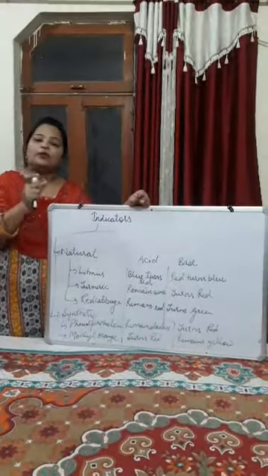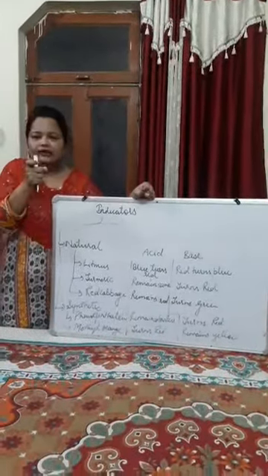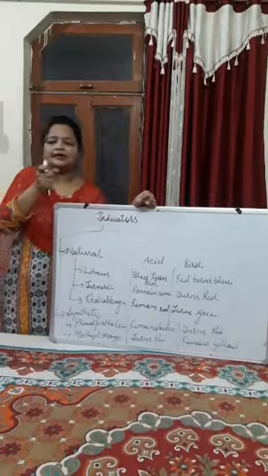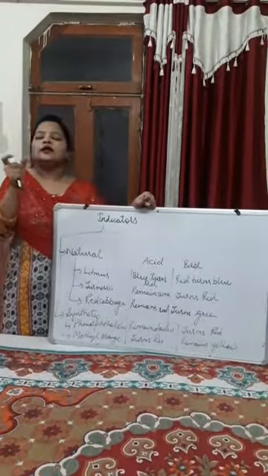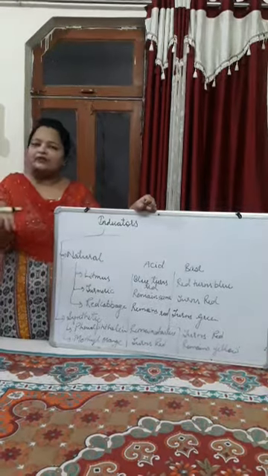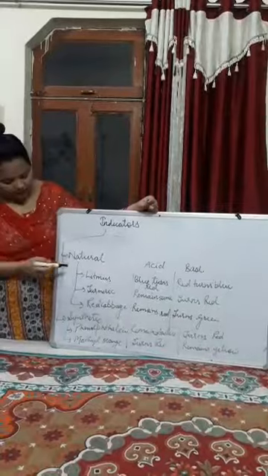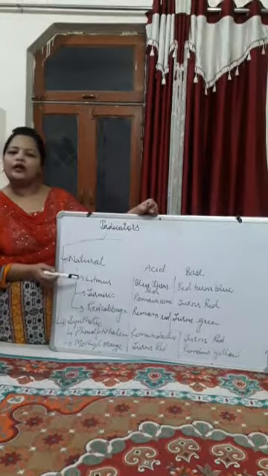Now what is lichen? We have discussed in biology that lichen is a type of mutual combination of an alga and a fungus. Okay? Wherever that lichen is formed, a chemical is released from it. From that chemical we can make a natural indicator called litmus.